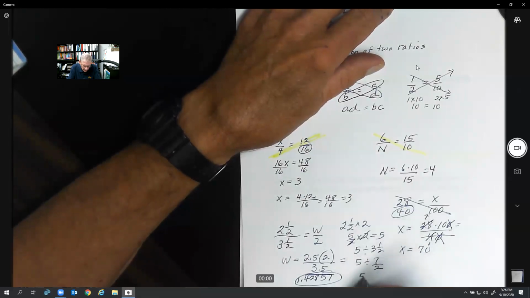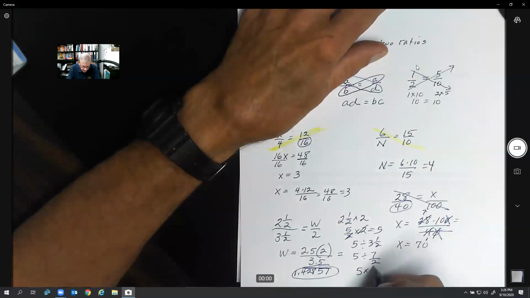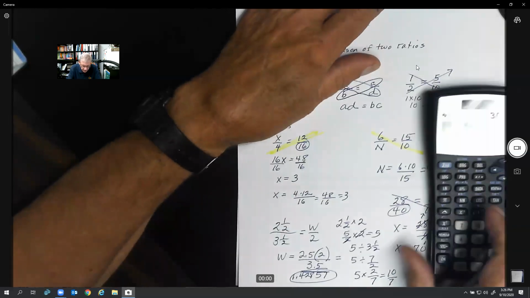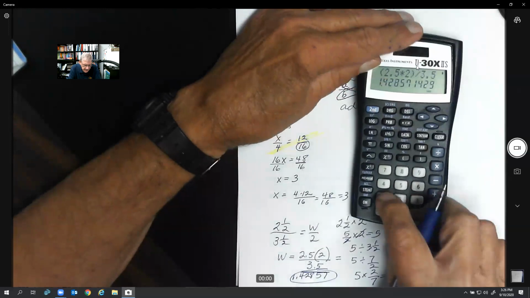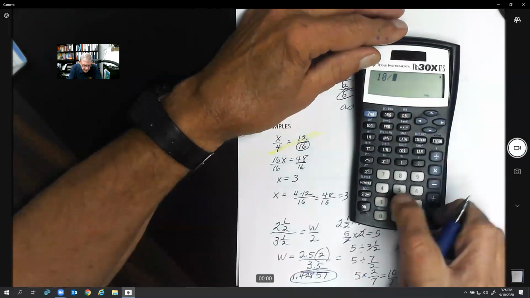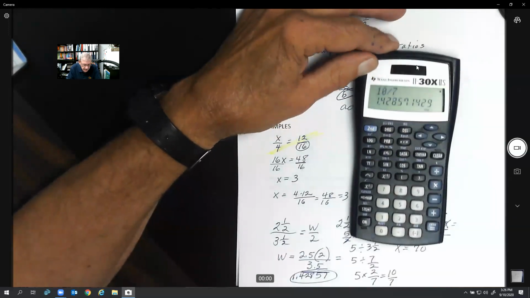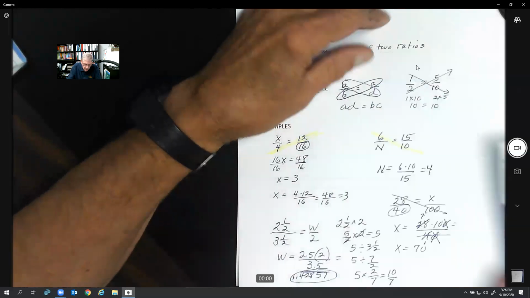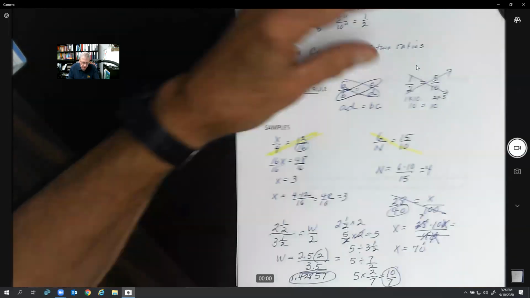So that's 5 times 2/7. So that's 10/7. And then if I took my calculator and divided 10 by 7, that's how I come up with that answer. So 10/7 is also an answer.